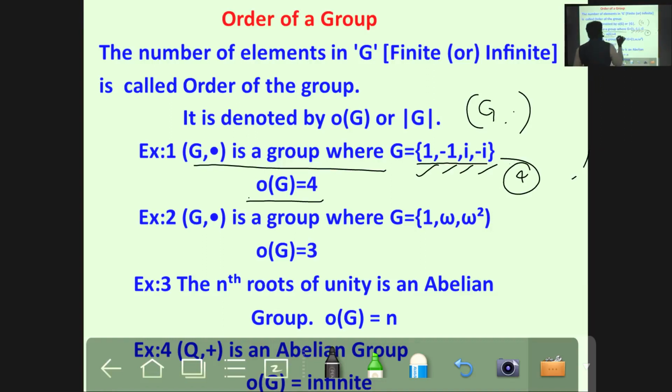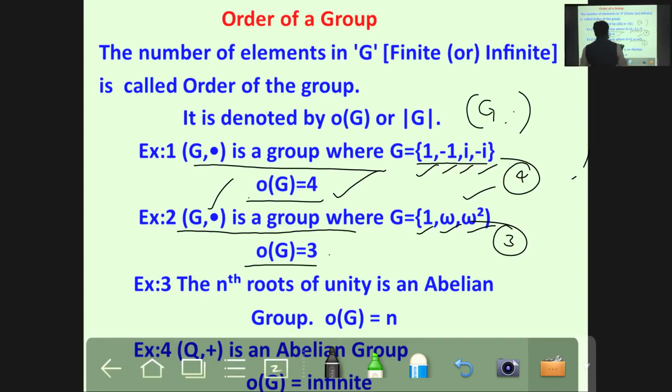Therefore, order of G equals 4. In the same manner, G comma dot is a group. Cube roots of unity form an abelian group with respect to multiplication. So 1, 2, 3. How many elements? 3. Therefore, order of G equals 3.